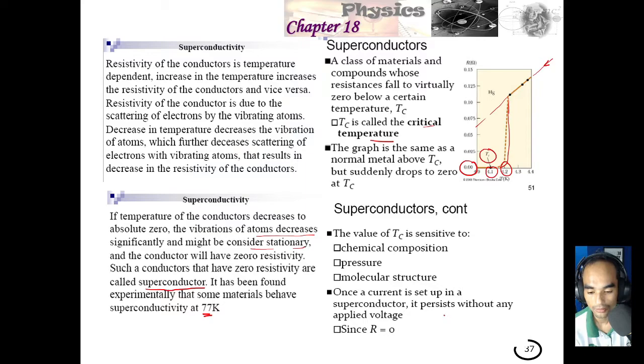Actually, it is saying that if you have a battery and a current flowing in the circuit, and you cool the wire down to the critical temperature and take out the battery, the current will still be flowing inside the circuit without the battery. This is what happens when you have a superconductor.